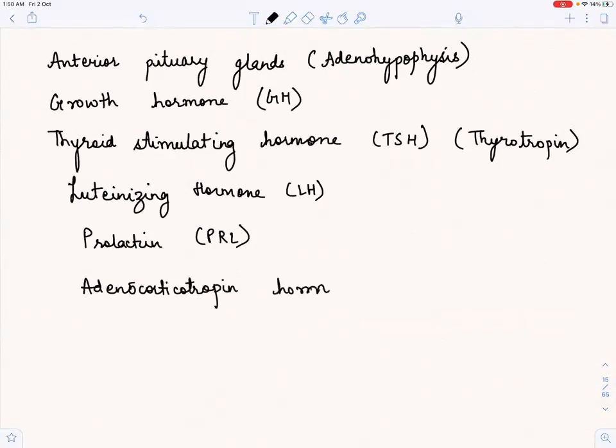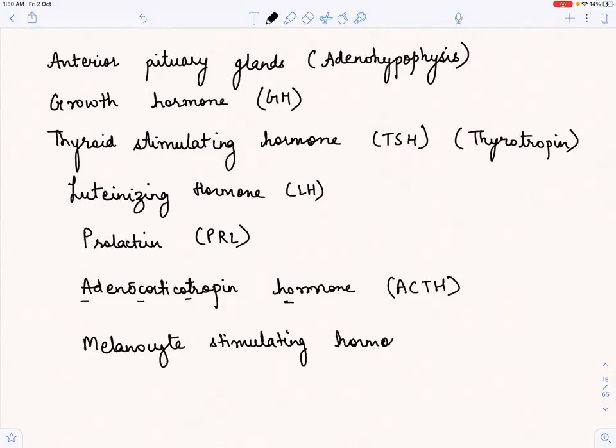So basically it is adrenocorticotropic hormone, ACTH, and melanocyte stimulating hormone, right? And we'll see each of these in detail. MSH is also known as intermedin, right? So we're going to study these hormones.